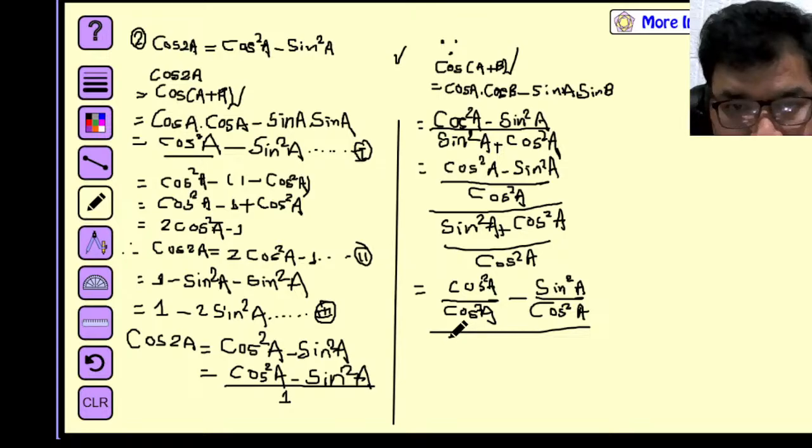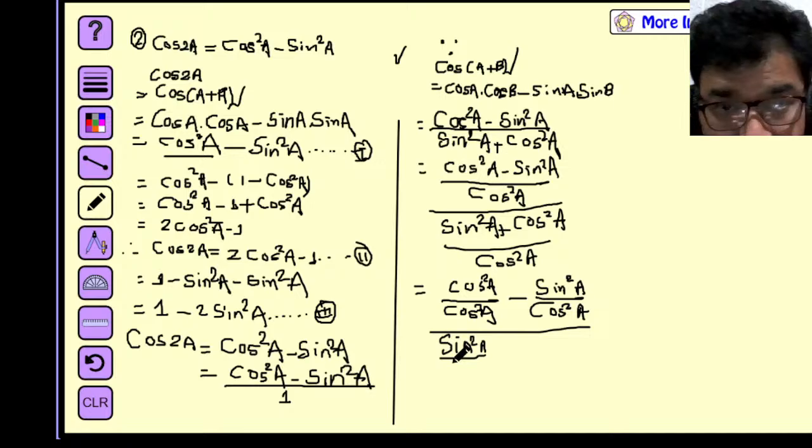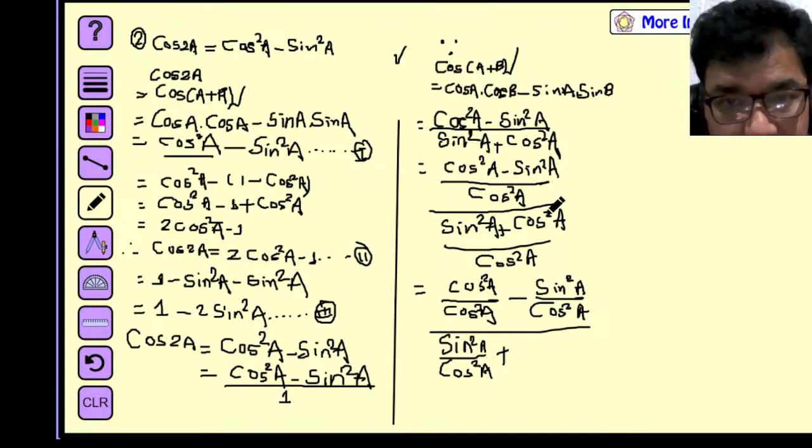Here, sine square e divided by cos square e, and plus cos square e divided by cos square e, then it comes like this together.